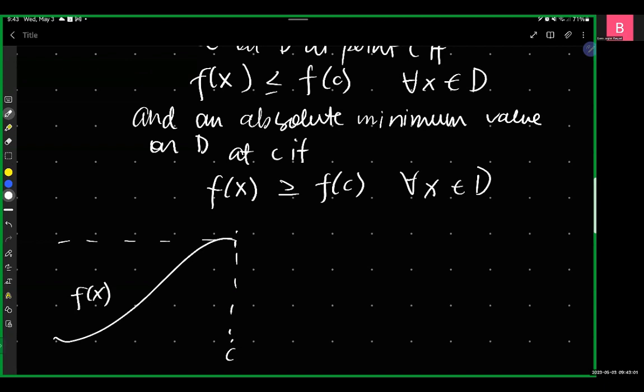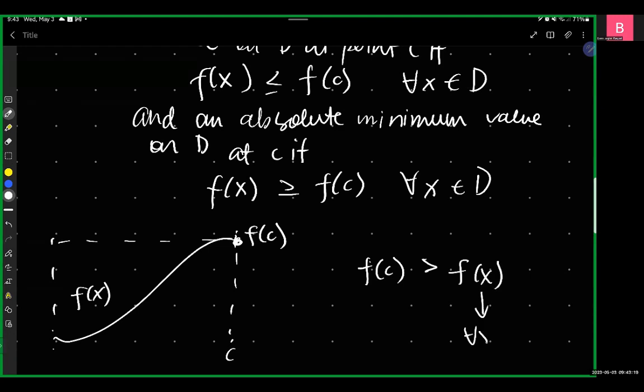At this point, we call this f of c. Looking at this function, you can see that the value of f of c is greater than f of x for all x.